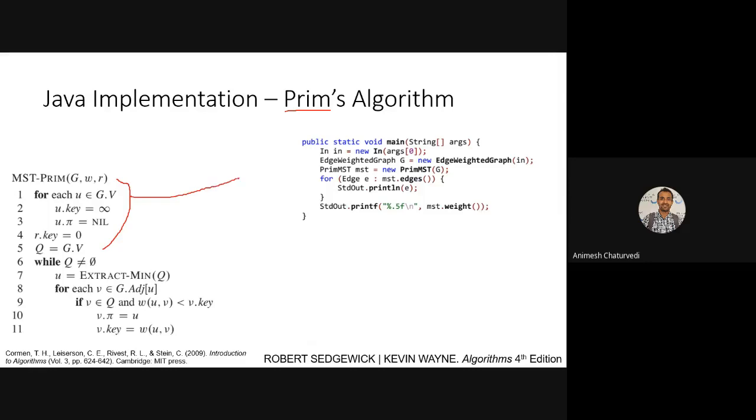It is the creation of a weighted graph, and you pass that weighted graph into G. Again, you pass some file name. This file name should be passed in, and this will create the edge-weighted graph. And then this Prim's MST is executed.